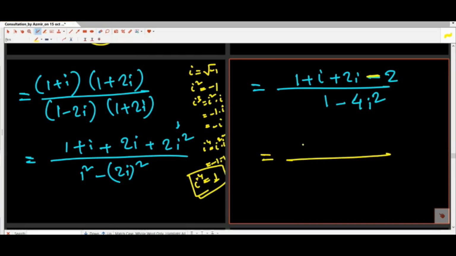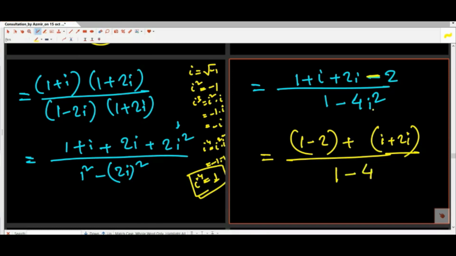So we have 1 negative 2. We are grouping the real parts. We are also grouping the imaginary parts. That means we have done multiplication. Now we are doing the addition. So i plus 2i. Similarly, in the denominator we have 4i squared, that is minus 1.